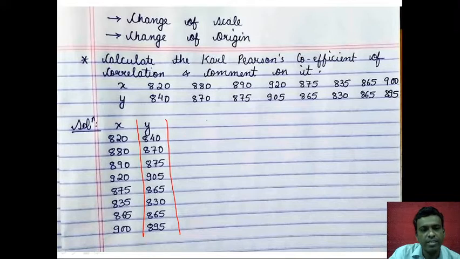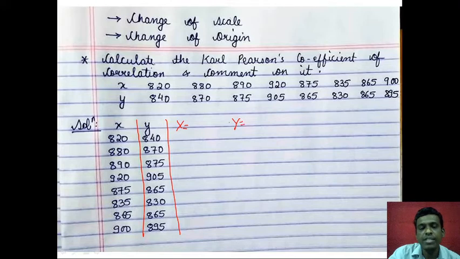That is x into x, y into y, and then x into y. All these three things we find, but the numbers that we may get are very high. So instead of that, what we do is we find something known as capital X, which is equal to, and capital Y, which is equal to.